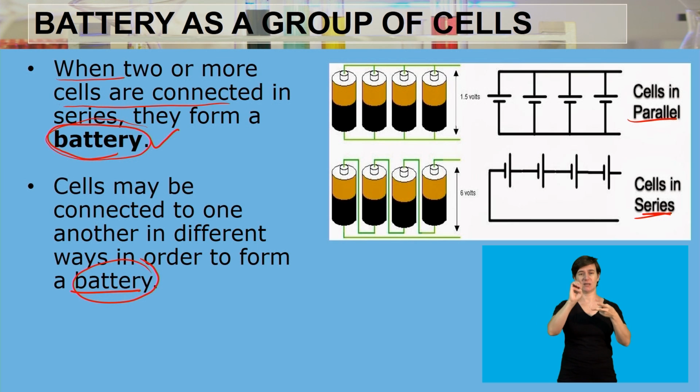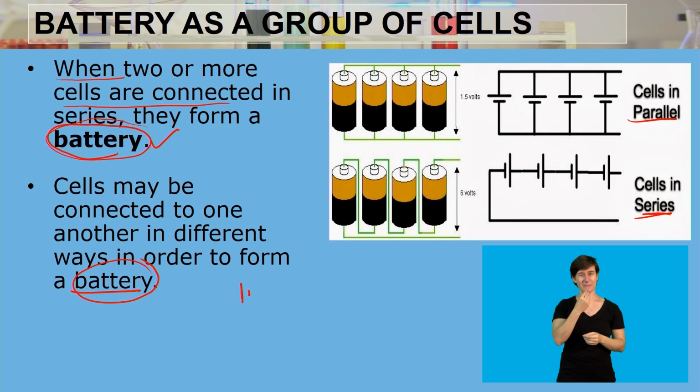When we're forming a battery that is connected in series, that means the positive terminal is going to be connected to a negative terminal, and so forth. Whereas in a parallel connection, a negative terminal is going to be connected to a negative terminal and another negative terminal, and the positives will also be connected to each other.